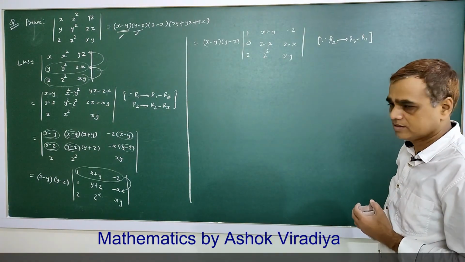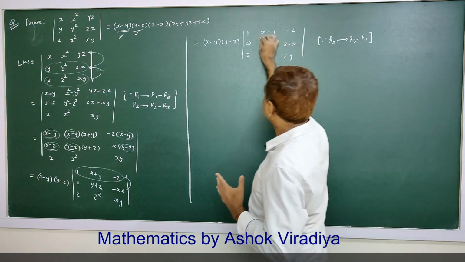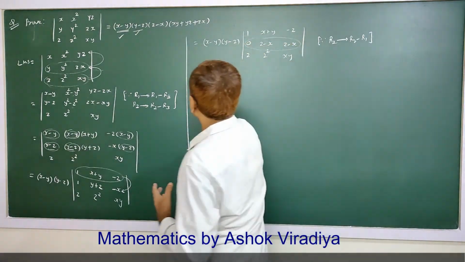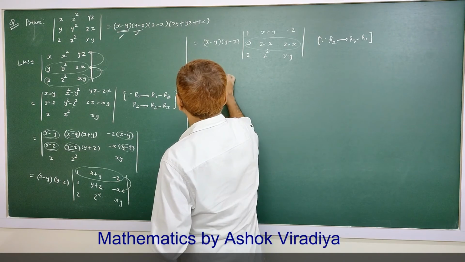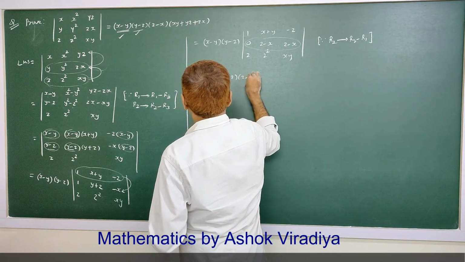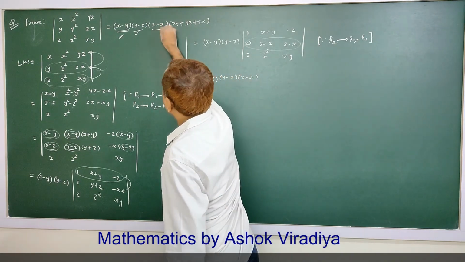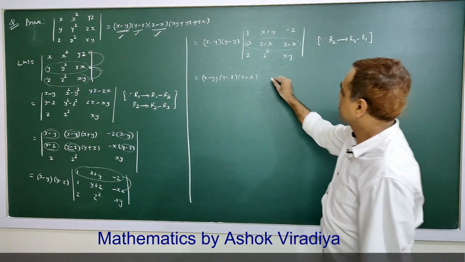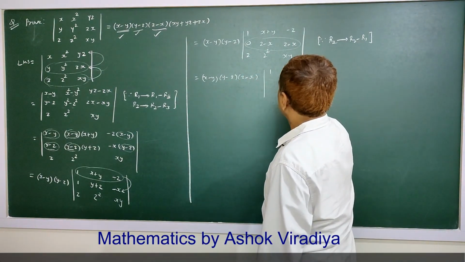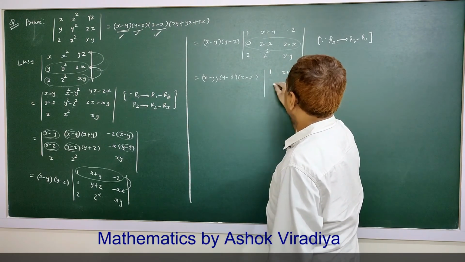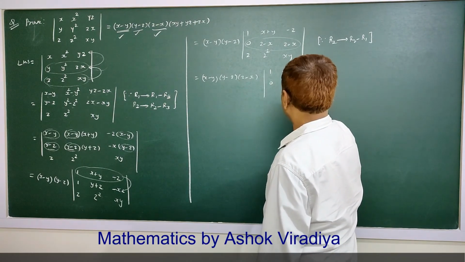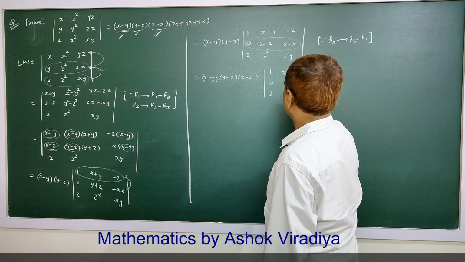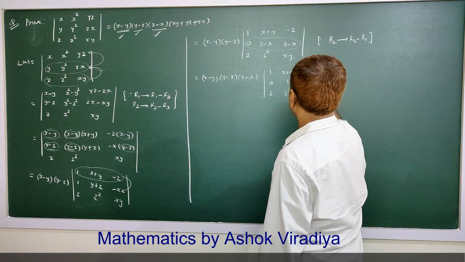So it is done. So doing this, now z minus x is common, x minus y, y minus z, z minus x common. So what is left? 1, x plus y minus z, 0 1 1, z, z square, xy.